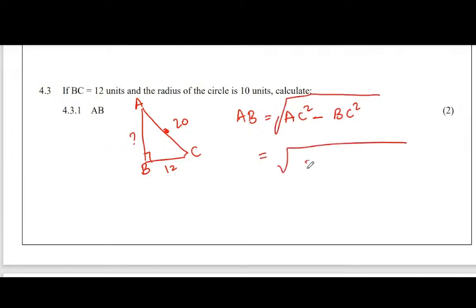So that's the square root of 20 squared minus 12 squared. What do I get? 256. The square root of 256 is 16 units. So the distance of AB is 16 units.